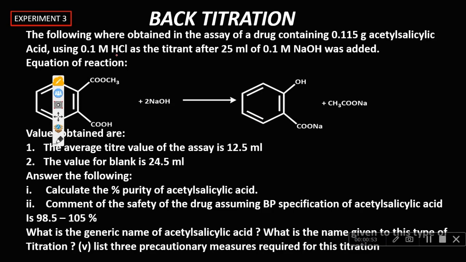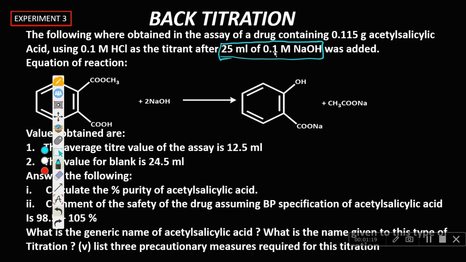Using 0.1 molar HCl as the titrant after 25 ml of 0.1 molar sodium hydroxide was added. What was the molarity of sodium hydroxide that reacted with this acetylsalicylic acid? We actually added sodium hydroxide in that practical. True or false?